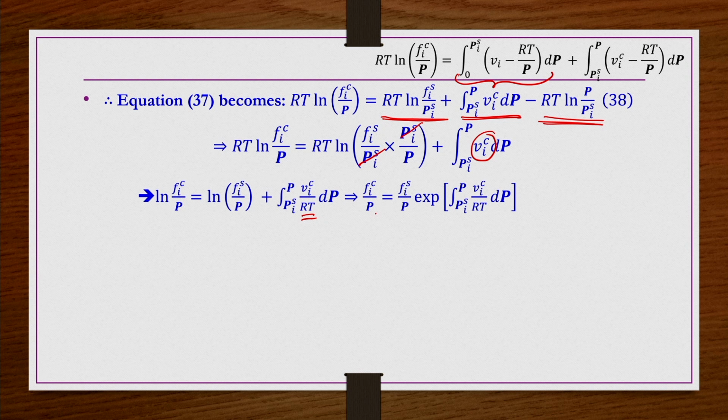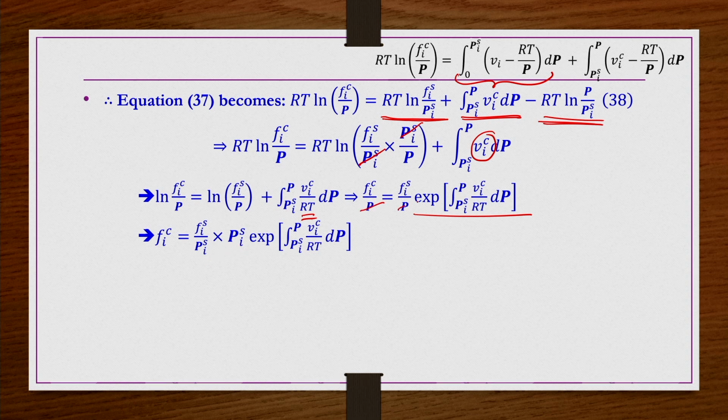If we take off the ln on either side, we have fi^C/P equal to fi^S/P times the exponential of the integral of Vi^C/RT dP from Pi^S to P. Then fi^C is equal to fi^S/Pi^S multiplied by Pi^S.